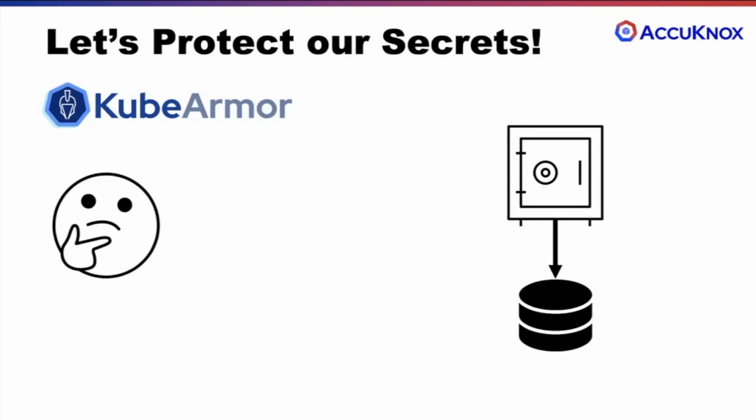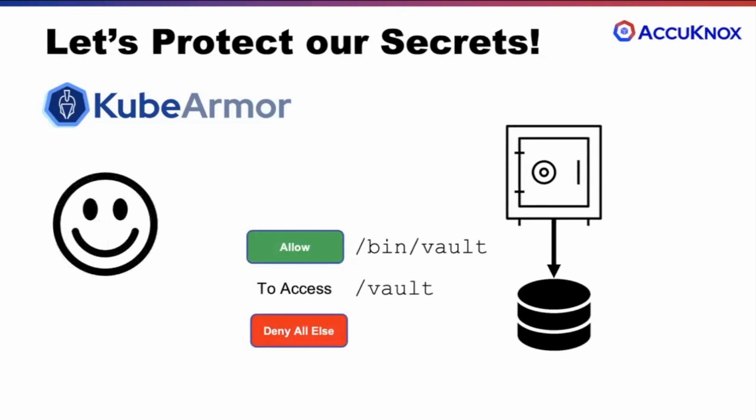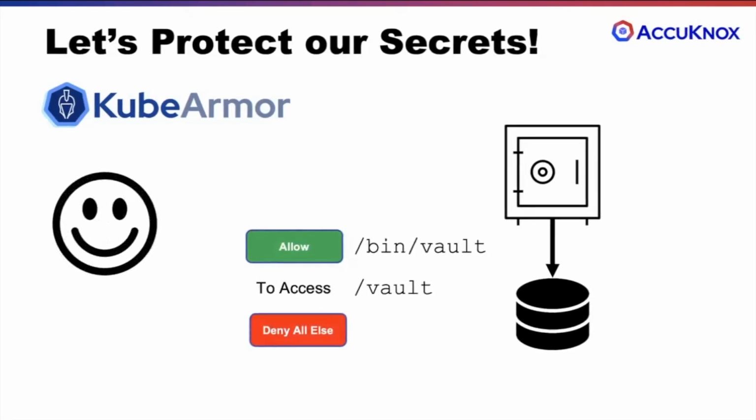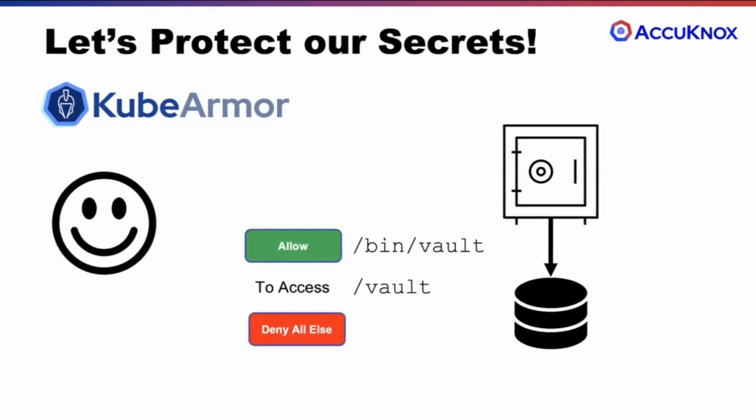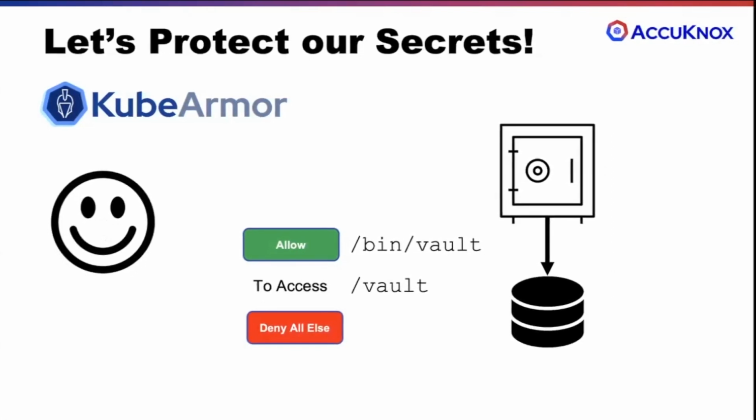So what is it? This KubeArmor, which by the way isn't just for Kubernetes, will essentially allow you to implement a zero trust policy that's as simple as this: only allow the application bin vault to access the directory vault and deny everything else.